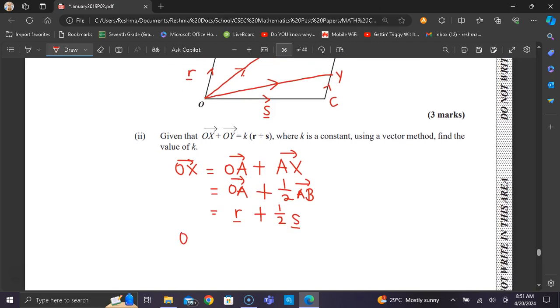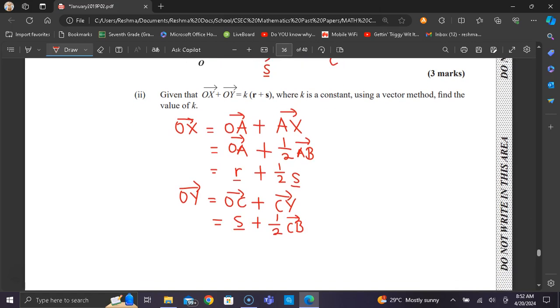Okay, so therefore OY is equal to OC plus CY if we follow the direction of the arrows, right? So OC plus CY will give OY. So OC is equal to vector S, and CY will be a half of CB, which is a half of R.